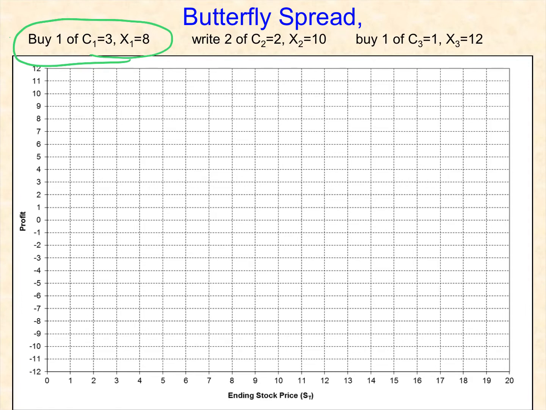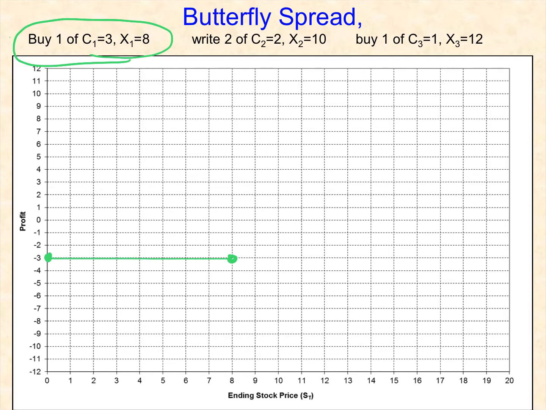Let's use our green pen to denote the first call option. This call option has a premium of 3, so we know we will lose that $3 premium for any stock price less than $8. The option is out of the money at low stock prices. We simply lose the premium we paid.